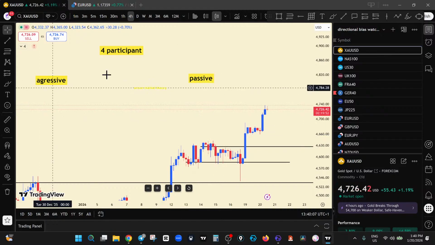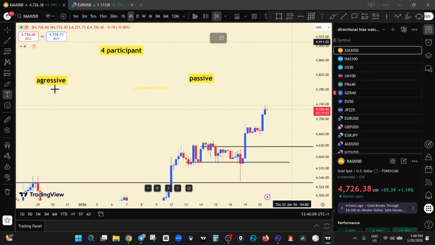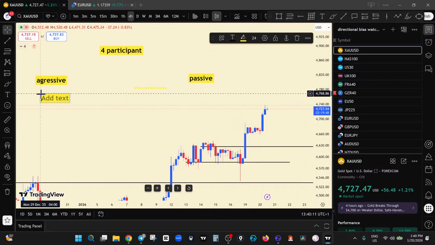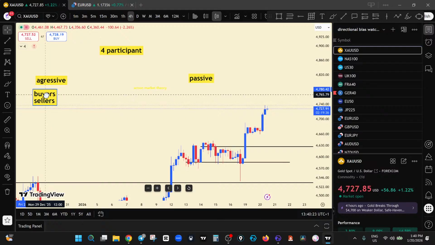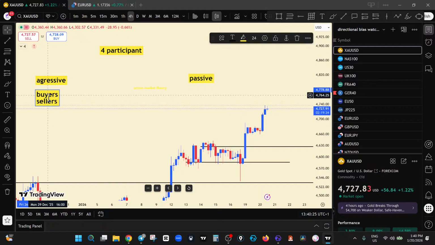Now under this aggressive, we have the buyers and the sellers. Aggressive buyers and sellers. Who are the aggressive buyer and the aggressive seller?